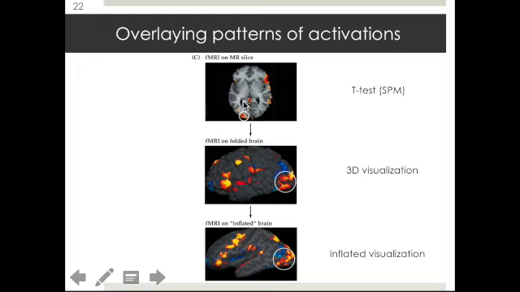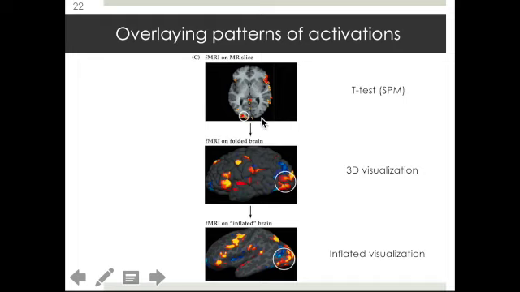But the important point is that these patterns of activations are simply results of t-tests, which are statistical comparisons between different conditions, which are then overlaid on the structural MRI T1 template.